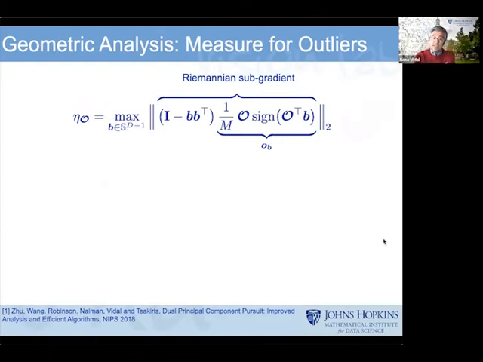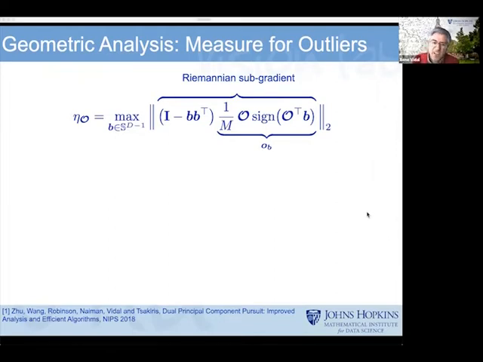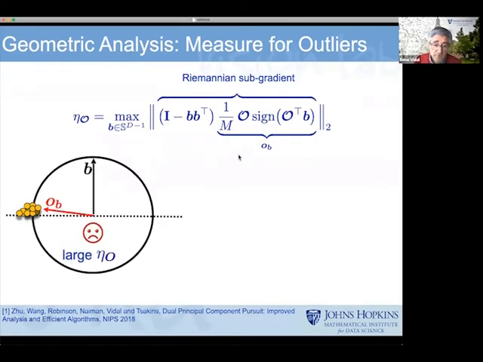This is the subgradient of the objective for the outlier term, denoted here as O times the sign of O transpose B. And this subgradient is projected orthogonal to B. The columns of O are the matrix of outliers, so the sign pattern by which it is multiplied on the right is just going to be +1 or -1 or zeros.